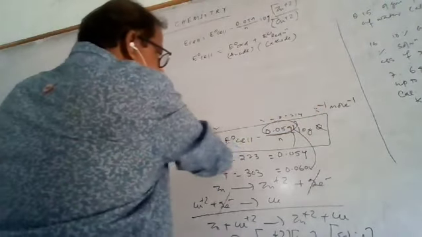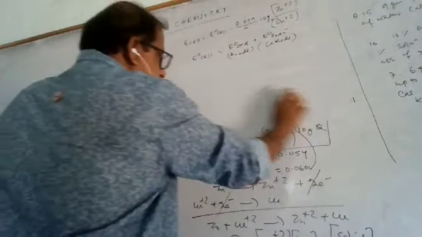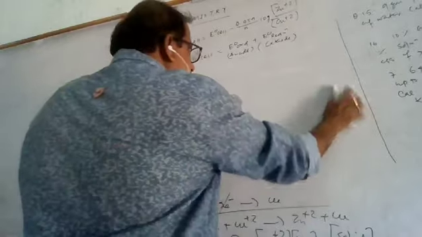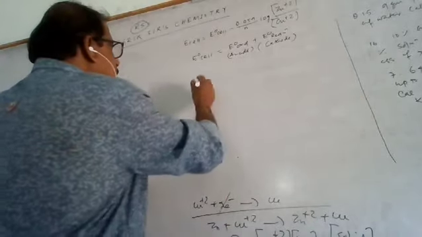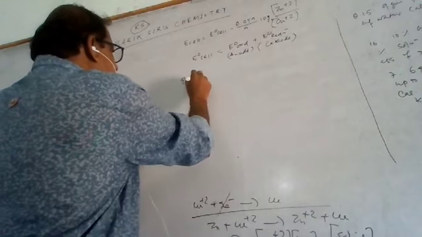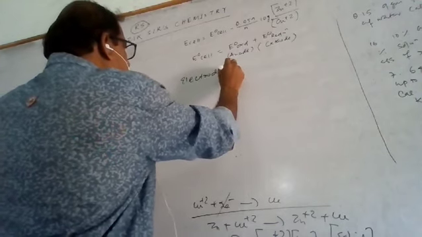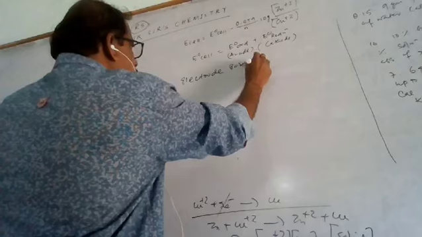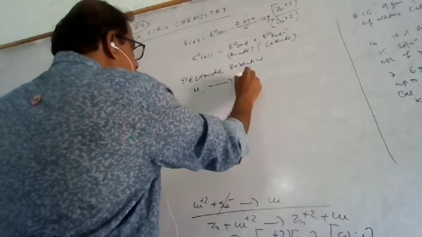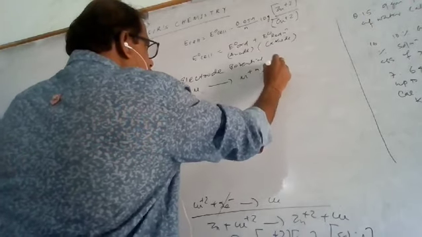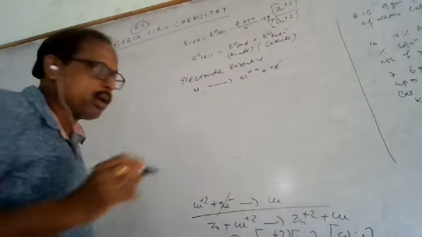This is the Nernst equation for the determination of the cell potential. Now I will tell you how to determine the Nernst equation for the electrode potential. Electrode potential means suppose M is converted to M plus n with the loss of n number of electrons.